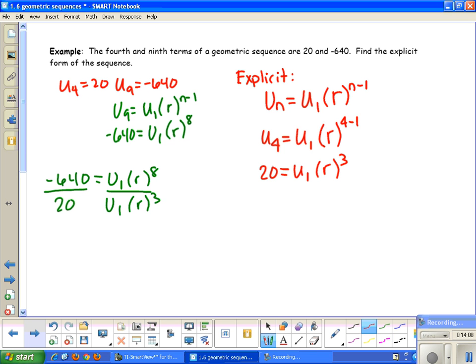Notice when you do that, your first terms cancel out, and you're left with negative 640 over 20 is equal to r to the 8th over r to the 3rd.